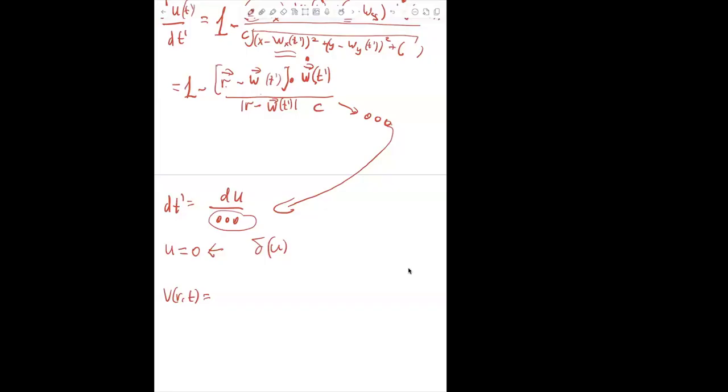It's the following. It's 1 over 4 pi epsilon 0, as usual. Integral over du now. I change variables to a delta function of u, which is lovely because I know how to do integrals over delta functions, multiplied by this nice equation, r minus w t prime, which is a function of u, which is the retarded time.